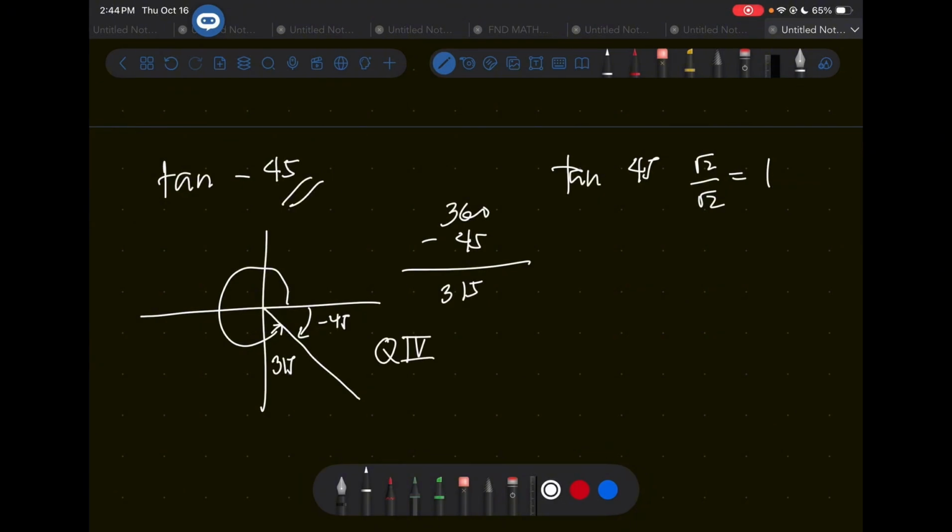And here, your x is positive, but your y is negative, which makes your tangent negative. This is negative over positive, negative. So, in short, tan of negative 45 is equal to negative 1.